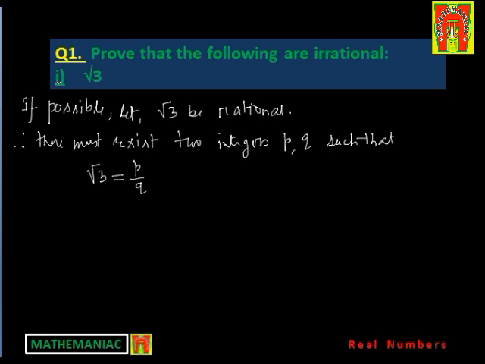Obviously, if it is rational, we should be able to write it like this. And these are integers. And here a very important information, that is q not equal to 0.